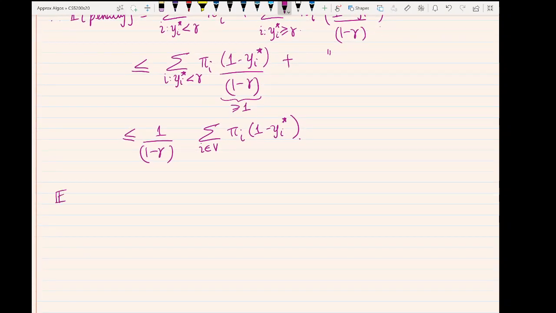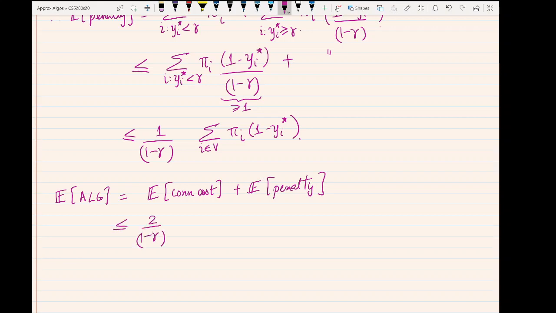So the expected cost of the algorithm is the expected connection cost plus the expected penalty cost, which is at most 2 over 1 minus gamma log 1 over gamma times the LP value, plus the sum over vertices of pi i times 1 minus yi star divided by 1 minus gamma.